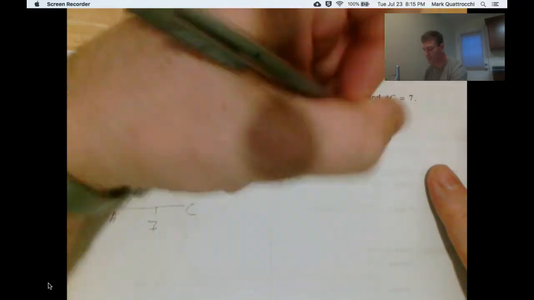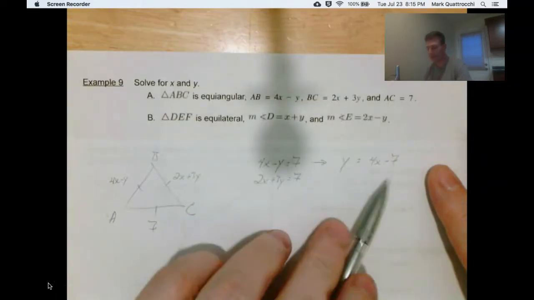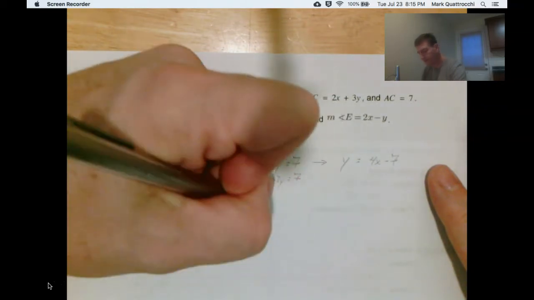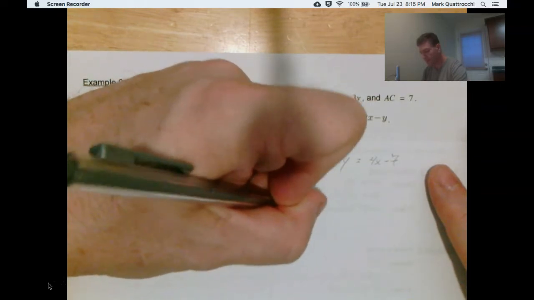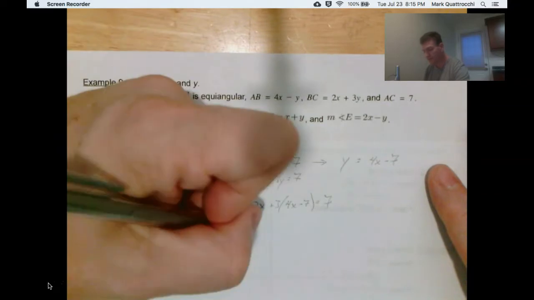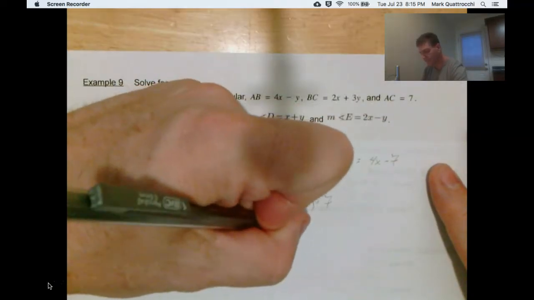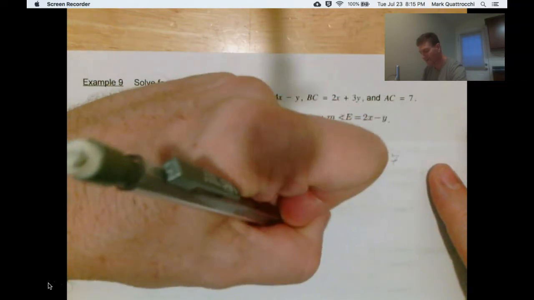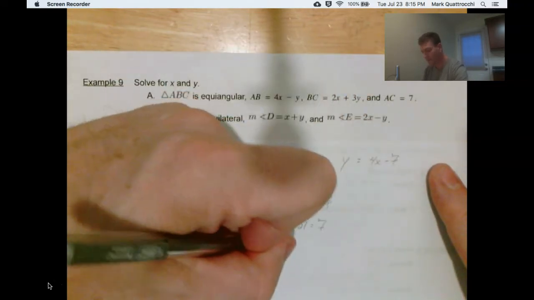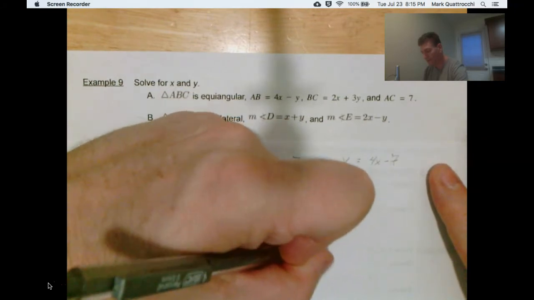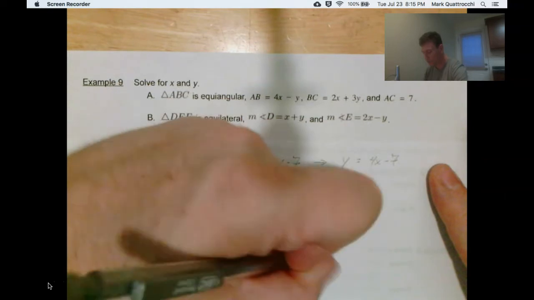Let's do substitution. I'm going to change this equation, y equals 4x minus 7. Solving that equation for y. Plug this in for y in the second equation. 2x plus 3 times 4x minus 7 equals 7. 2x plus 12x minus 21 equals 7. 14x equals 28, x equals 2.